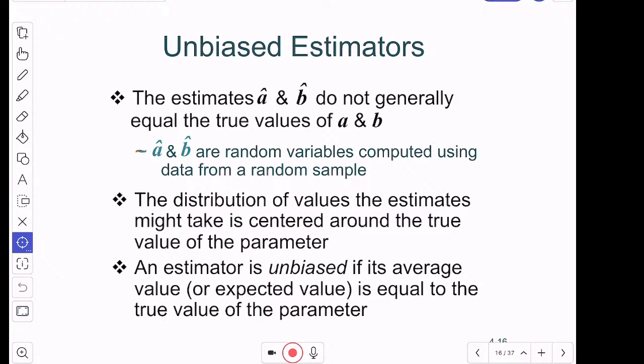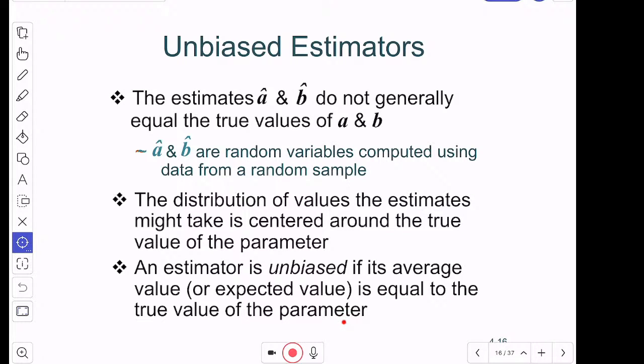So A and B are random variables computed using data from a random sample. The distribution of values the estimates might take is centered around the true value of the parameter. An estimator is unbiased if its average value is equal to the true value of the parameter.